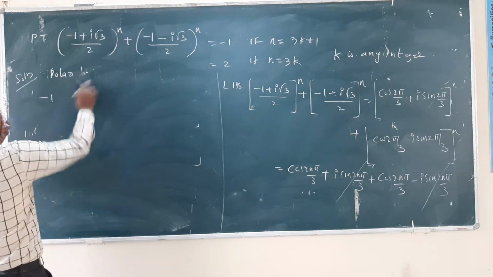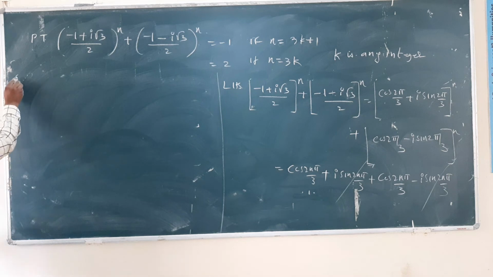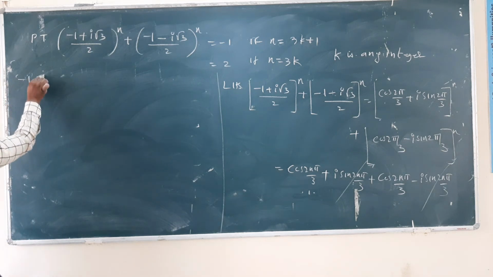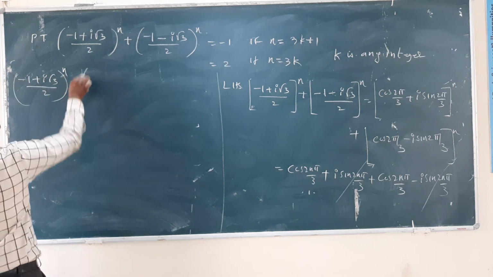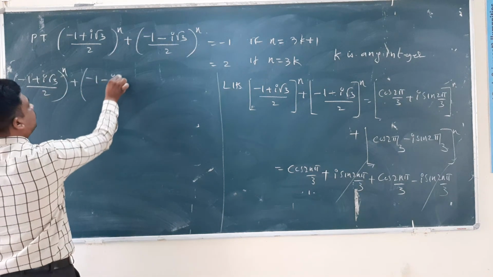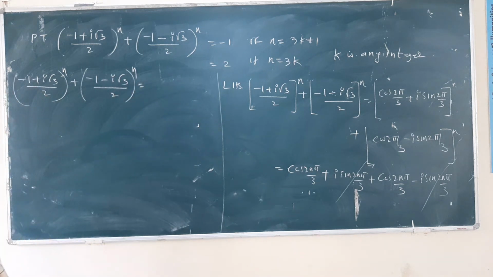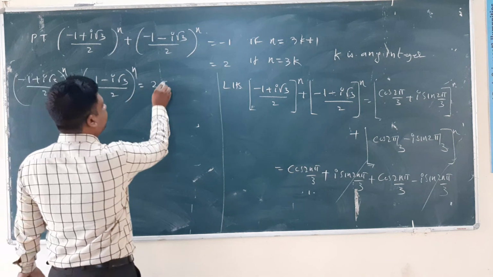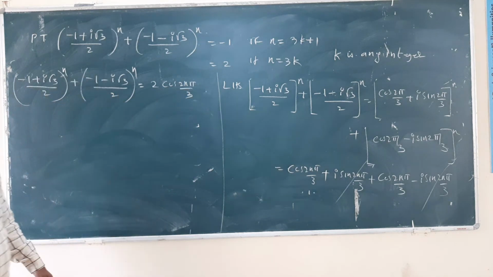Therefore ((-1 + i√3)/2) raised to n plus ((-1 - i√3)/2) raised to n is equal to 2 times cos 2nπ/3.